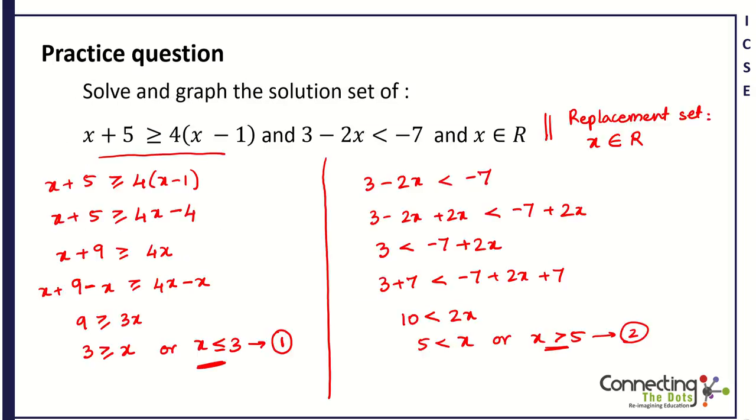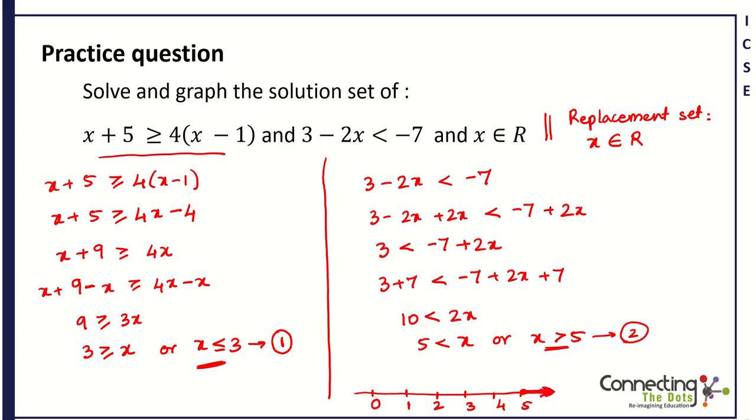So if you try to represent it on a number line, I'll draw a rough number line here to illustrate my point. The second condition says that x has to be greater than 5.